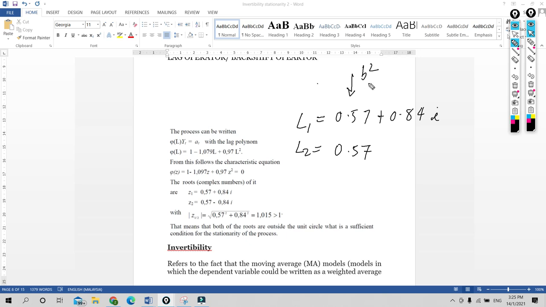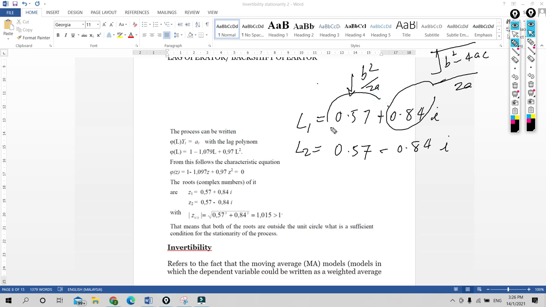So you get 0.57, and then minus 0.84 i. This 0.84 is from the square root of b squared minus 4ac over 2a. So I just pick up these two values, 0.57 and 0.84, and plug them into this formula.